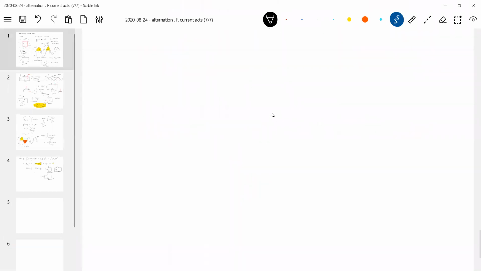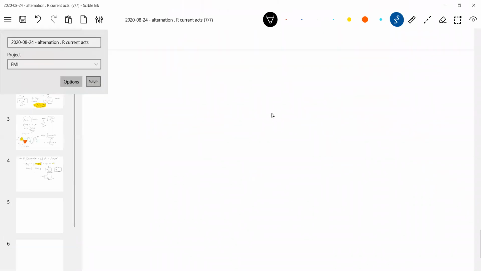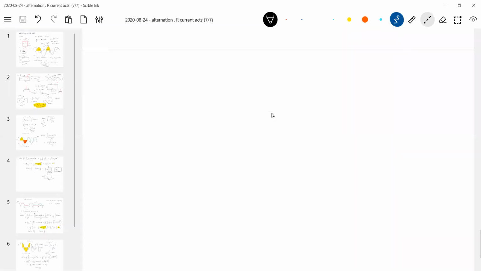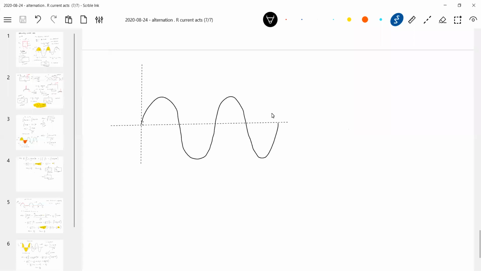I'll scroll to the next page. There's a basic sine wave. Next, I will take a cosine wave. Amplitude should be the same, no?